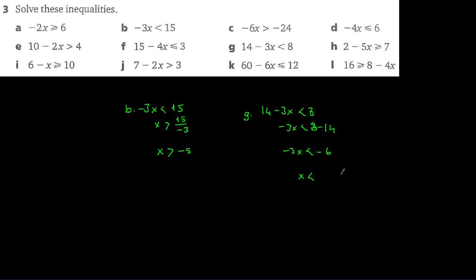When you divide by minus 3, minus 6 divided by minus 3, I'm sorry, I forgot here to change the sign because I'm dividing by a negative number, so x is greater than minus 6 divided by minus 3. When you divide negative over negative, it's going to be positive 2, or x is greater than 2. So this is the answer of our question.